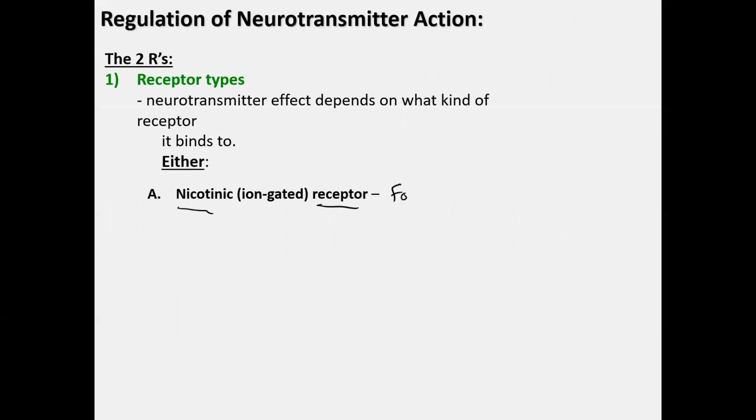It's for acetylcholine neurotransmitter, to make skeletal muscles contract.